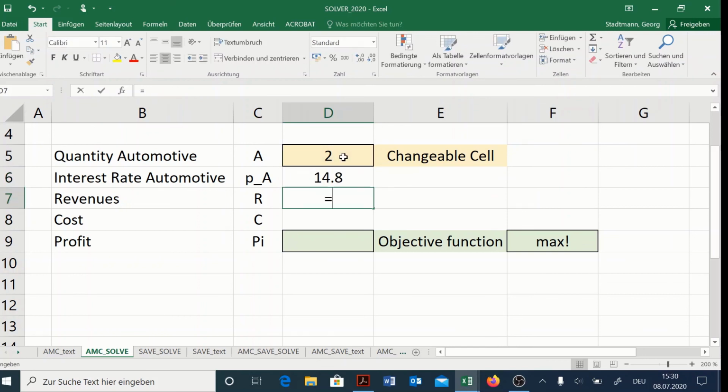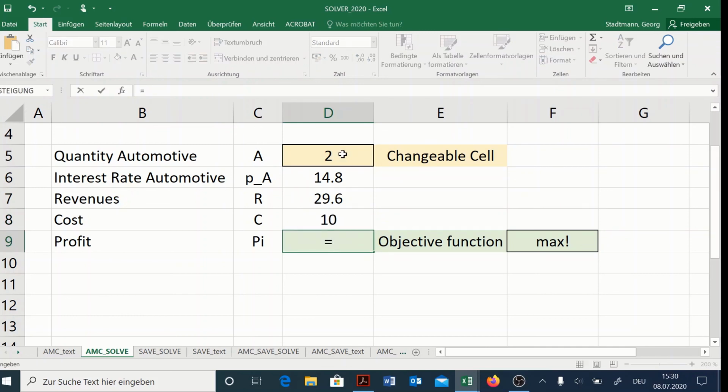The revenues are the price in the automotive credit market times the quantity, so the product D6 times D5. The costs are equal to 5 times the quantity. 5 is the interest rate in the money market, and the quantity is D5. So 5 times D5 gives us the cost.